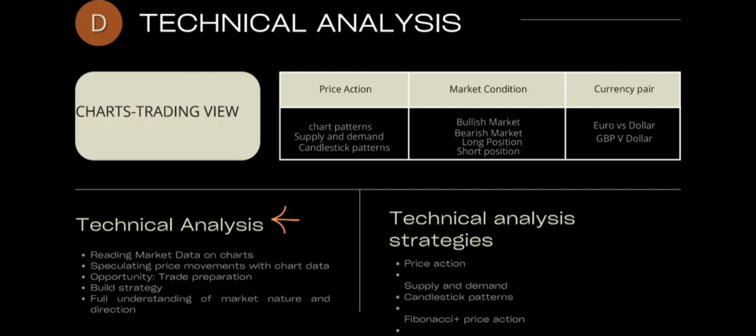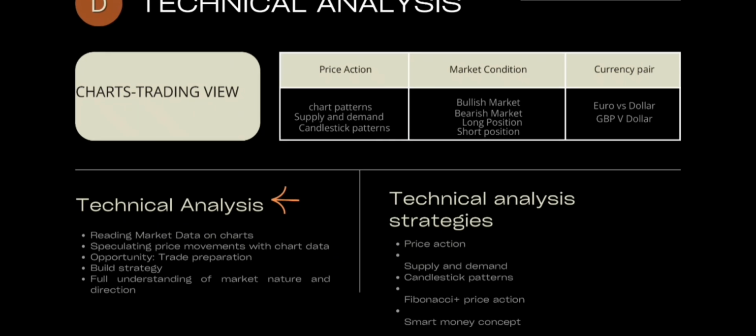We're going to get into price action and market condition again, with understanding bullish markets, bearish markets, a long position and a short position, which we went over just now on the previous slides. Currency pairs: we now know our major currencies. We have a little bit of history on the dollar, Great British Pound, Japanese yen, Swiss franc, their dominance and the key roles they play in the global economy, which is why they are called the major global eight currencies.